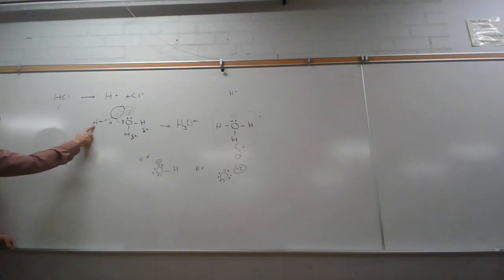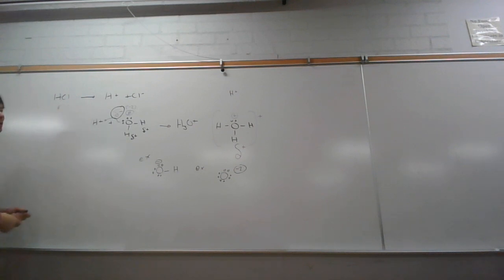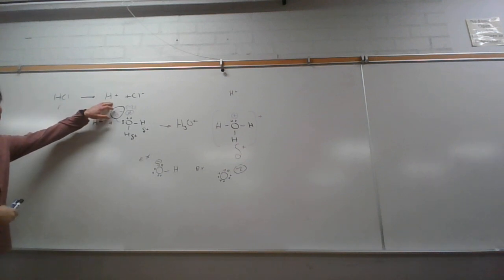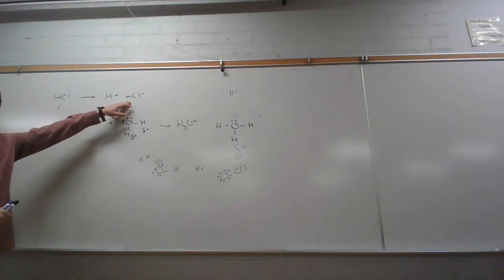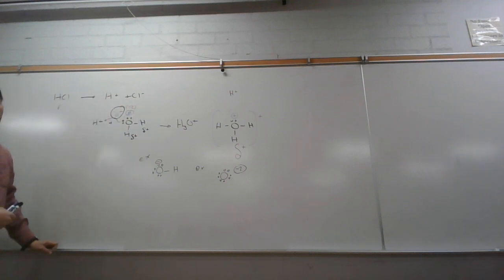It's donating the H plus for this reaction. So it's a strong electrolyte, and then we looked at the metathesis. H plus reacts with all base anions stronger than water, and then chloride likes what cations? Silver, lead, and mercury one.